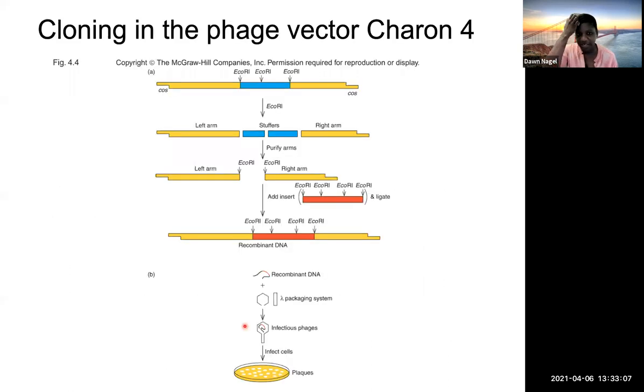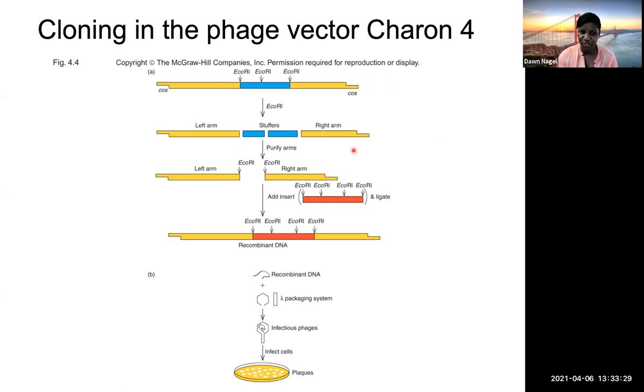So with cloning in this phage vector, this is what you will purchase from the company, right? You will purchase these pieces, which you will need to put together to create an infectious phage, okay? So you have the two arms of this phage, and then you have these stuffer sequences when you buy it.